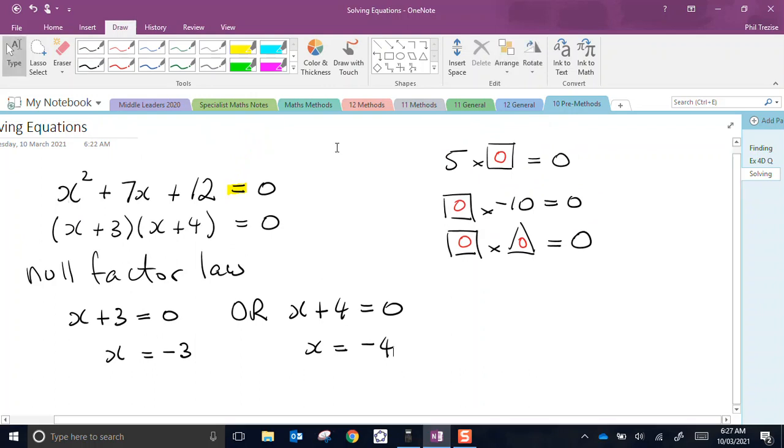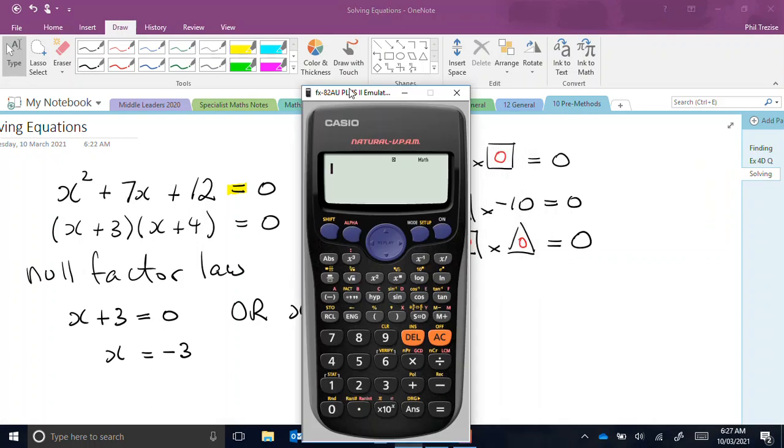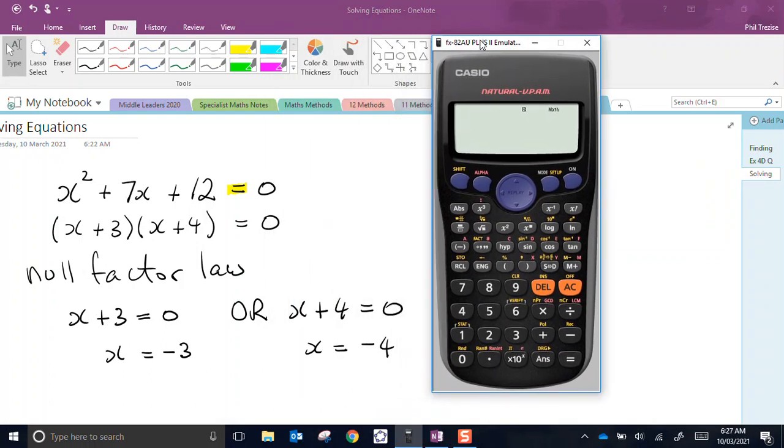I can check that by substitution. So I'll just grab my calculator here. Now, my original equation, let's see, I think my first solution is negative 3, which was squared, plus 7 times negative 3 plus 12.